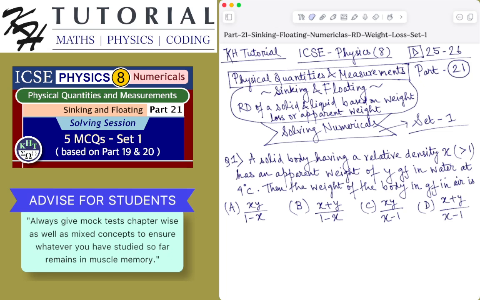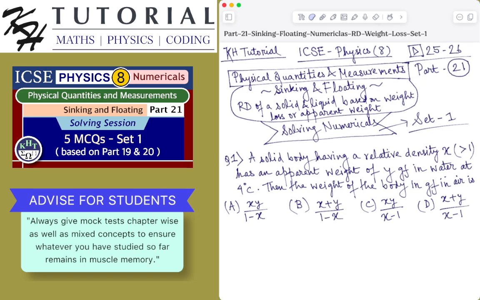Then the weight of the body in gram force in air is. Now I will not explain the concepts and formulas related to finding the relative density of a solid based on its loss in weight or apparent weight in water at 4 degrees centigrade. For that, please watch video part 19 and 20.